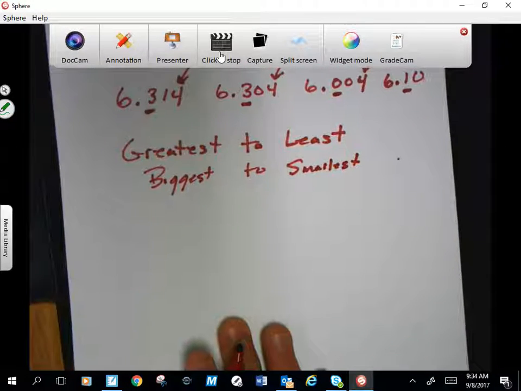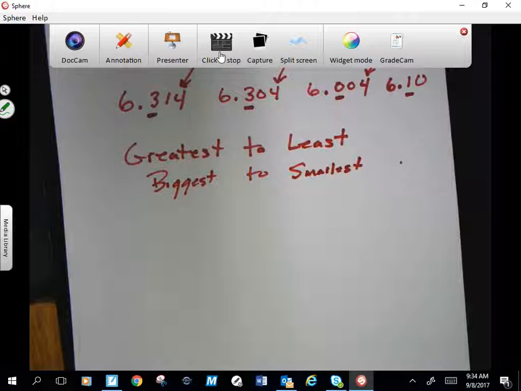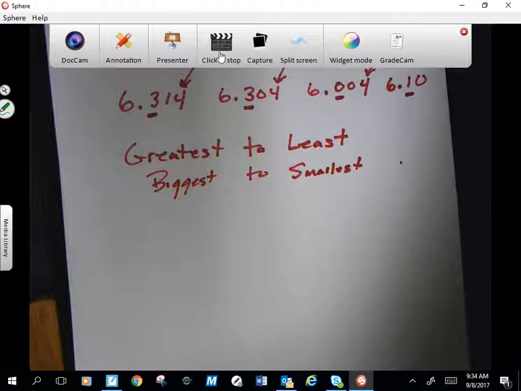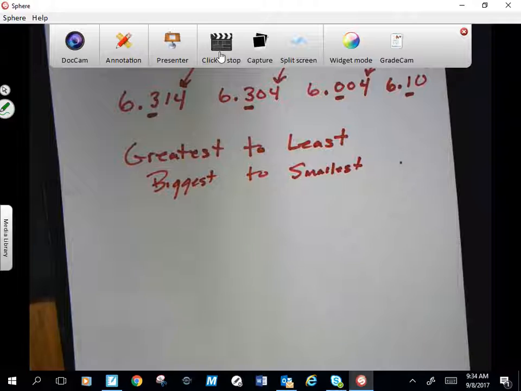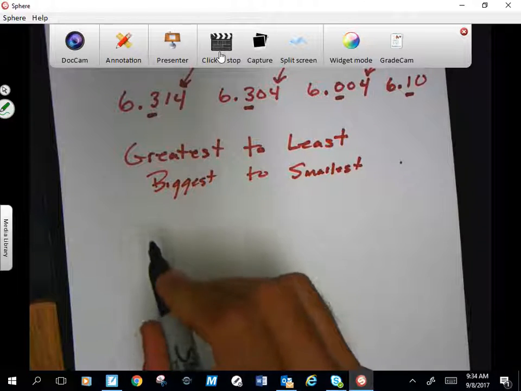So, the best strategy, what I like to do so that I don't make a careless mistake, is rewrite the numbers vertically. If you read the numbers horizontally, let's look at the numbers vertically. And to do that, we need to make sure all the place value positions are lined up.